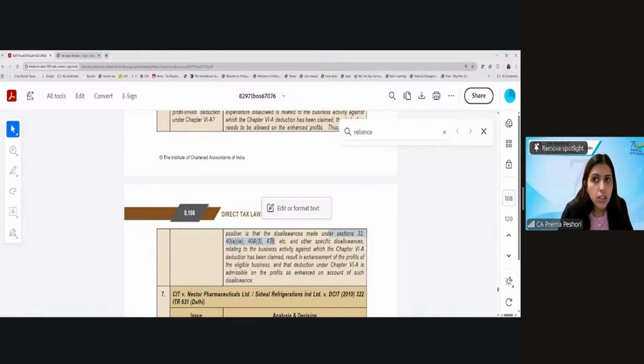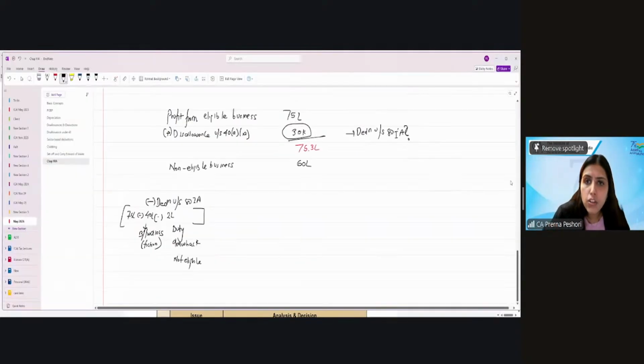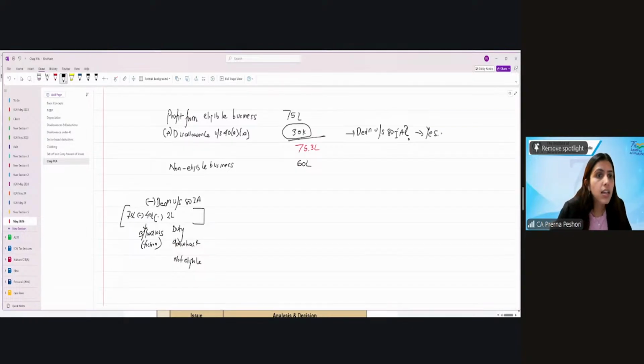Are we clear? So this is going to be eligible for deduction under 80IA. So here I will add up this 30,000 because this is eligible.